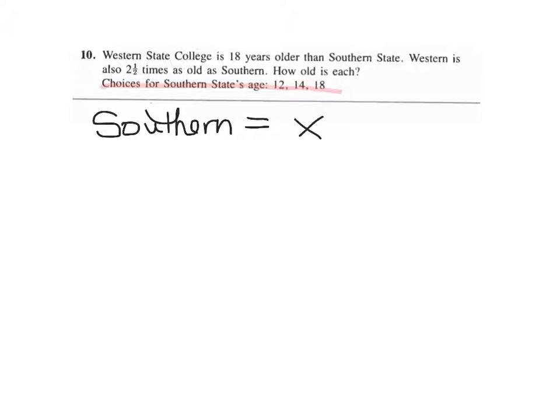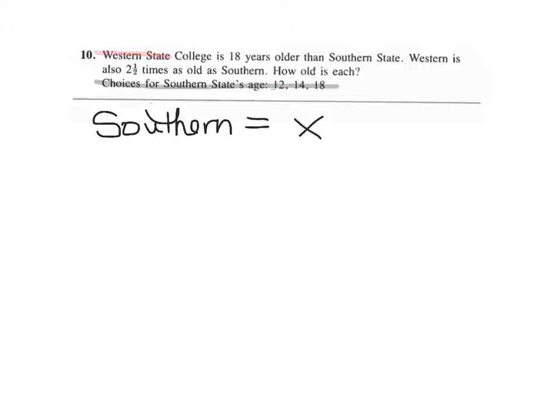And now I'm going to go back and reread to see what Western is going to be. So Southern is going to be my x. I've chosen my variable, and now I'm going to reread.